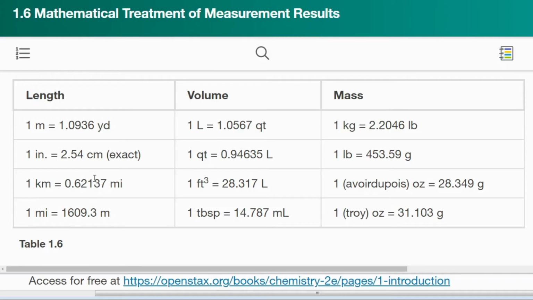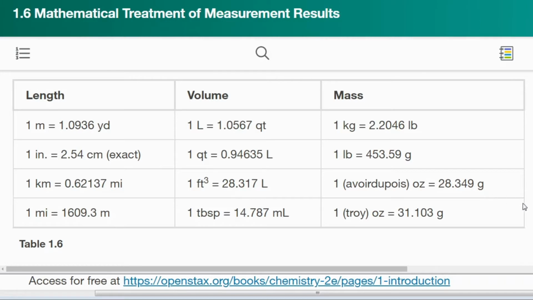I'm not going to go into them. There is this one for mass, 1 ounce, of avoirdupois ounces, equals 28.349 grams. That always confused me, the different kinds of ounces.